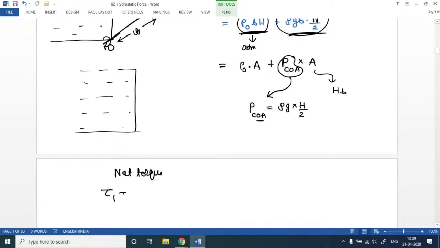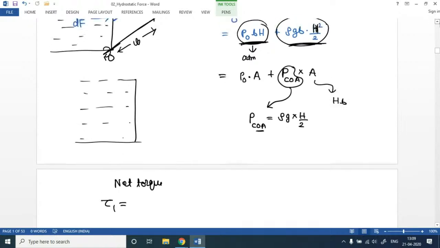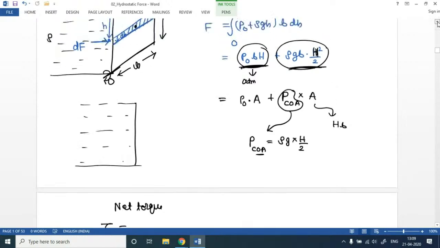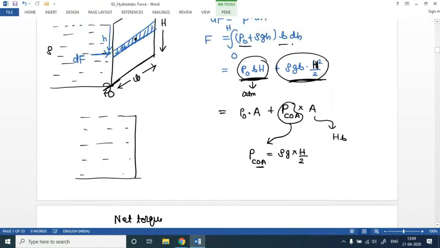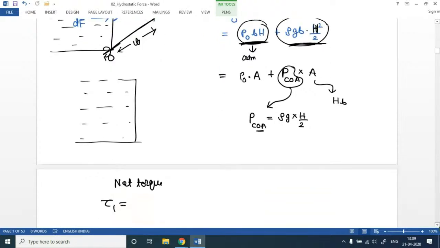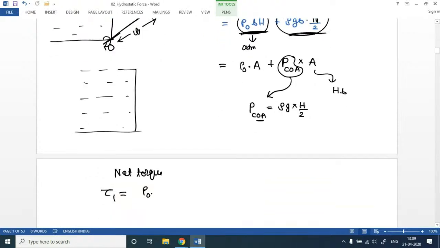So tau1 would be simply, everywhere the force is the same. Due to this component, P naught B dH would be the force, so P naught into B into dH is the force, and that multiplied with the arm.